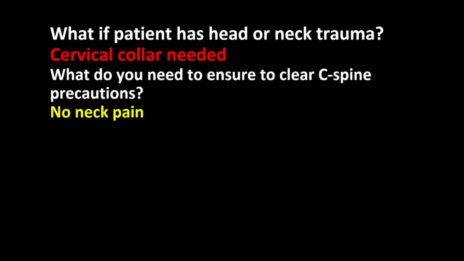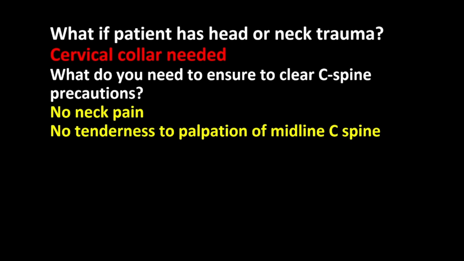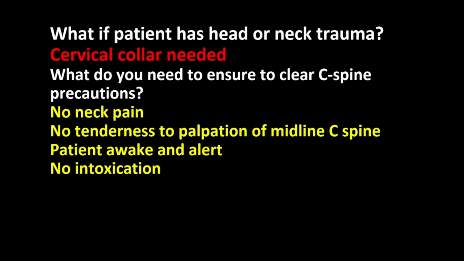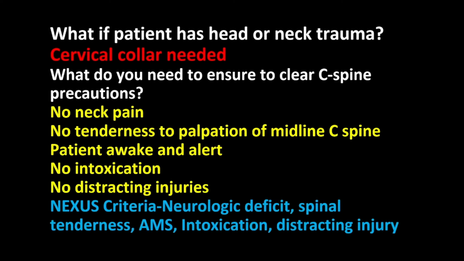And that criteria is the patient cannot have neck pain, no tenderness to palpation of the midline C-spine or with range of motion of the C-spine, no intoxication, the patient has to be awake and alert, and the patient cannot have any distracting injuries. And again, there's a criteria for this. That's the NEXUS criteria. Again, the patient cannot have any neurologic deficit, spinal tenderness, altered mental status, intoxication, or distracting injury.